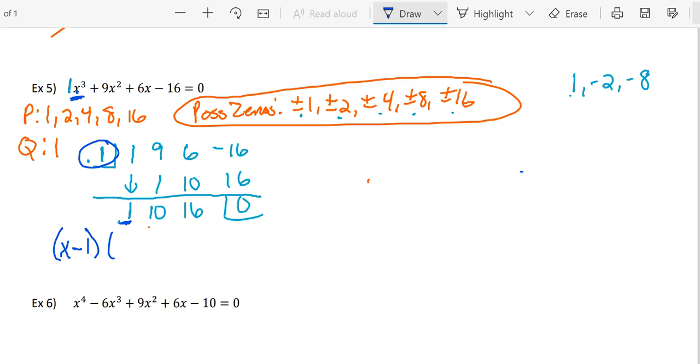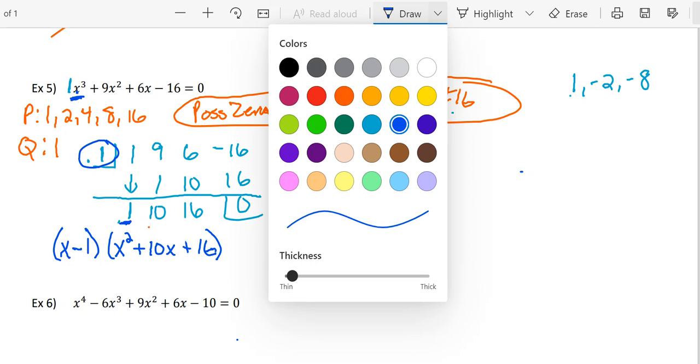I started with x to the third, so this is going to be x squared plus 10x plus 16. So now I've already got something factored out. I couldn't have done that with the other methods that I was trying to use. So this has helped me factor this.